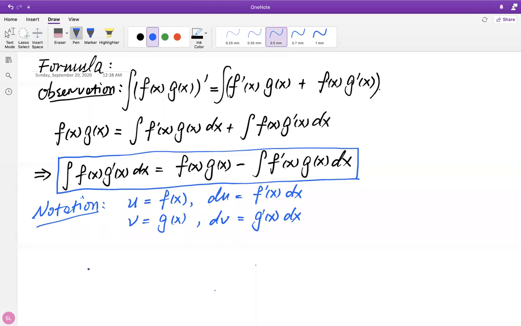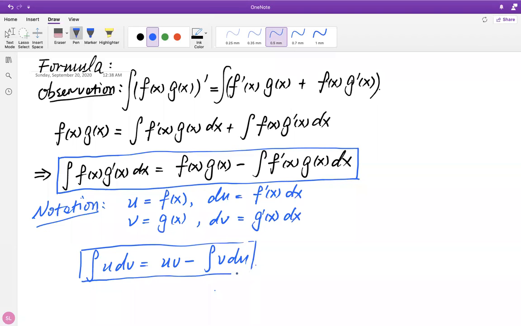Then we can rewrite this formula as the integral of u dv is equal to uv minus the integral of v du. In this way, it has a very nice sense of symmetry, and of course, it's much more concise than this formula. However, it is a little bit difficult to understand what exactly is going on. So this one is still what I prefer.